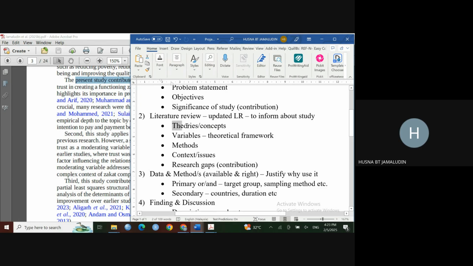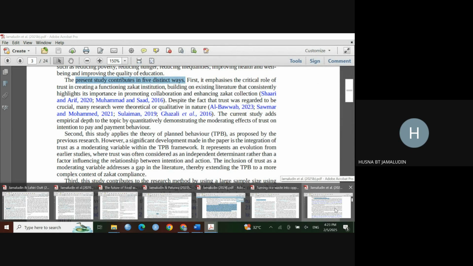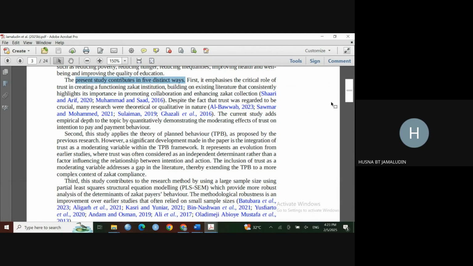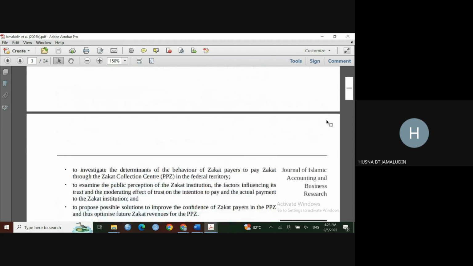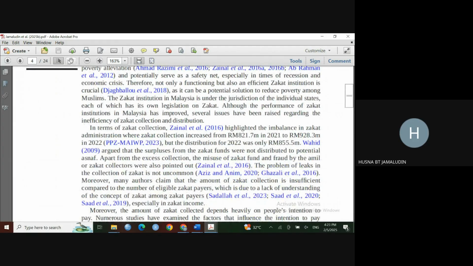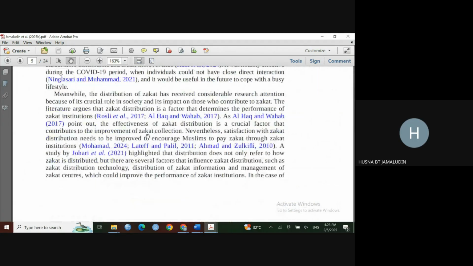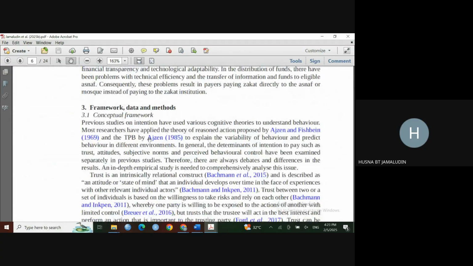Let me show you examples of reviewing the theories or concept. Where is it? Theory or concept. In the case of zakat, basically you can see here, I don't think I reviewed the concept because people know what zakat is all about, right?